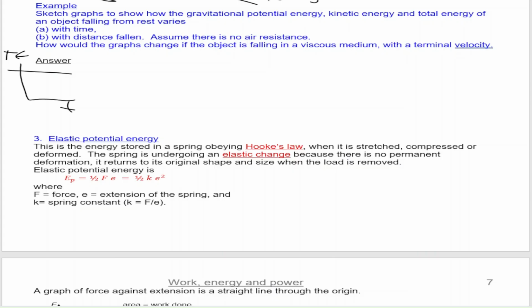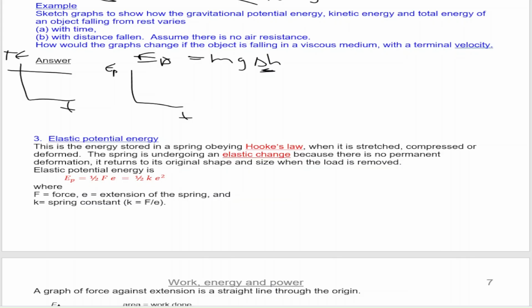But then when you look at the relationship between gravitational potential energy and kinetic energy, EP for gravitational potential energy is equal to mg delta h. Now, if you've been asked to find the relationship between EP and the time, you try and change this right hand side so that you have time incorporated there.